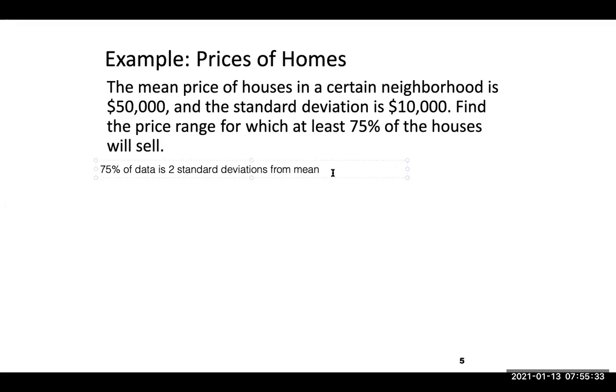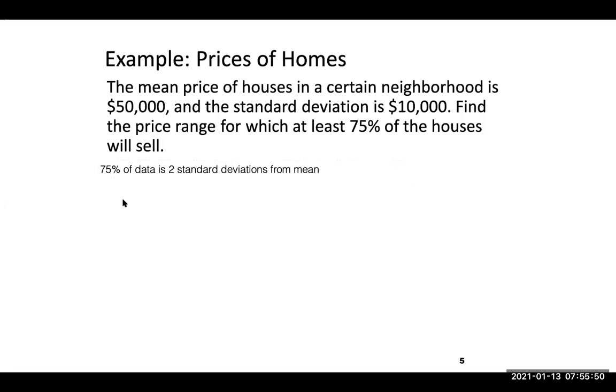So we can determine what is the range? What is the low end and the high end? Because we want to say at least 75% of the houses sold from here to here.